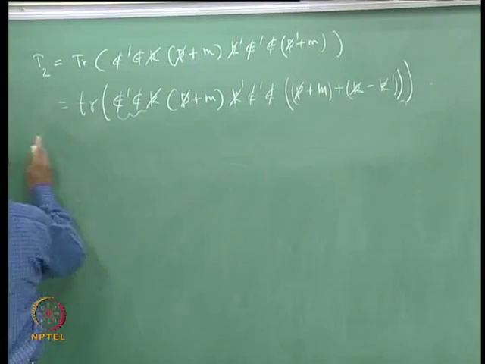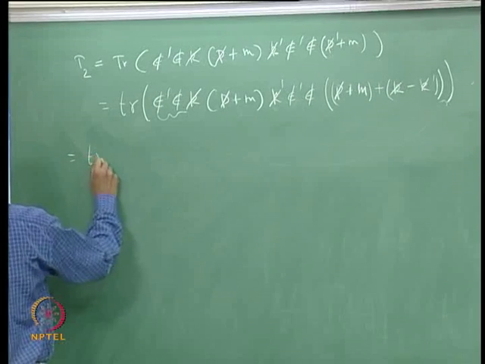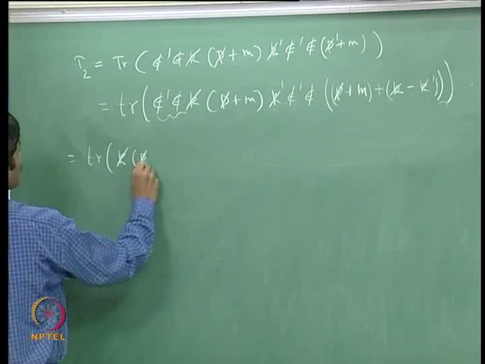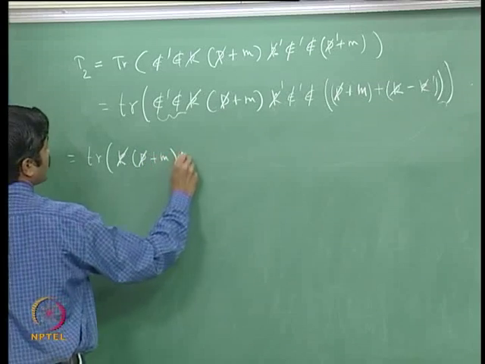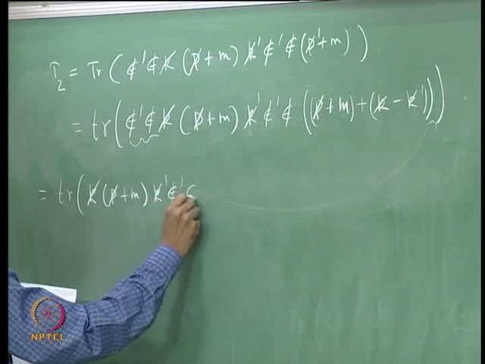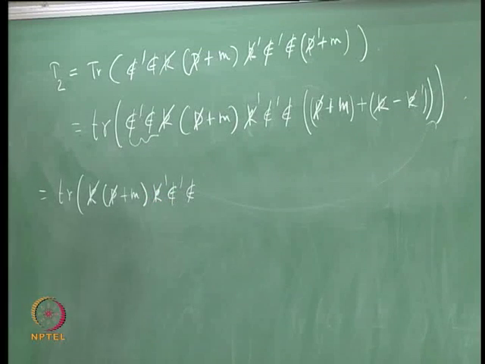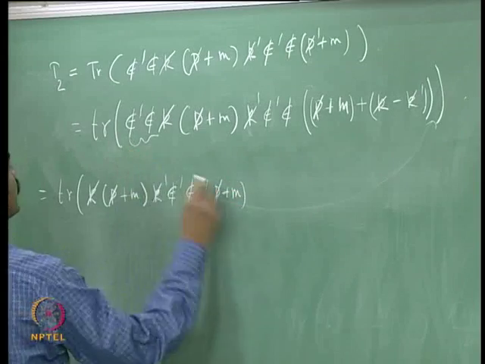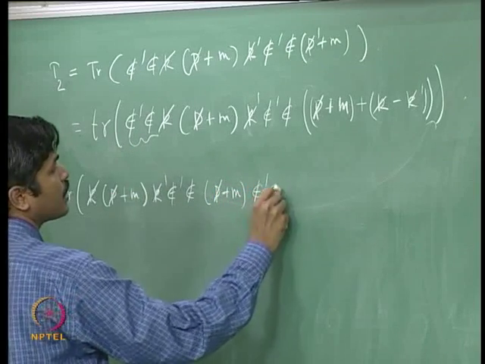So, when I do that, I get trace of K slash P slash plus M K prime slash epsilon prime slash epsilon slash, and then P slash plus M epsilon prime slash epsilon slash.